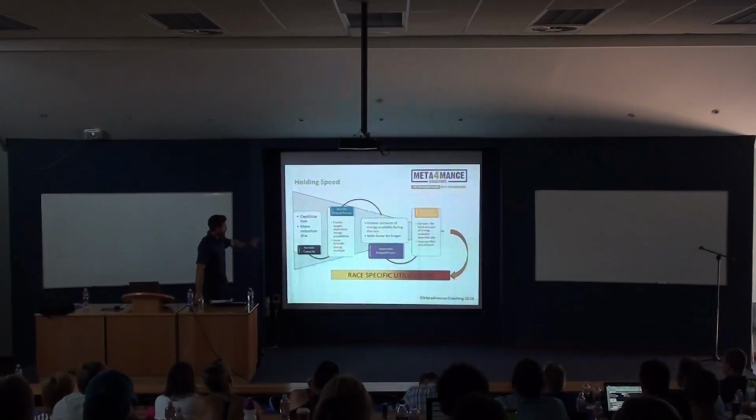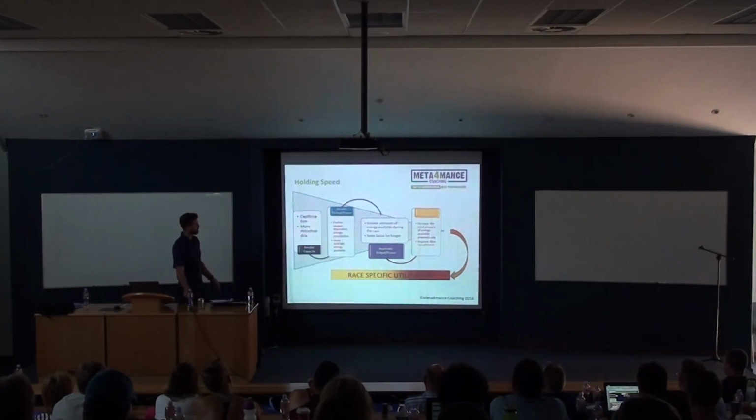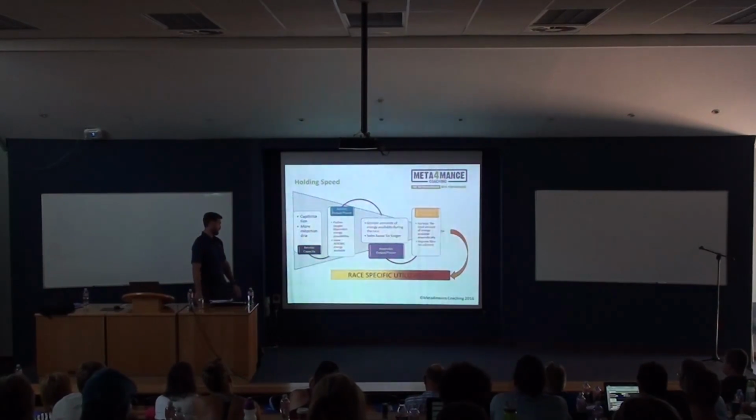If you look at the triangle behind the blocks, the goal of training is to make that triangle as big and as broad and as long as possible, if we want to use a graphic representation. So we spoke about building endurance and capacity at this end.